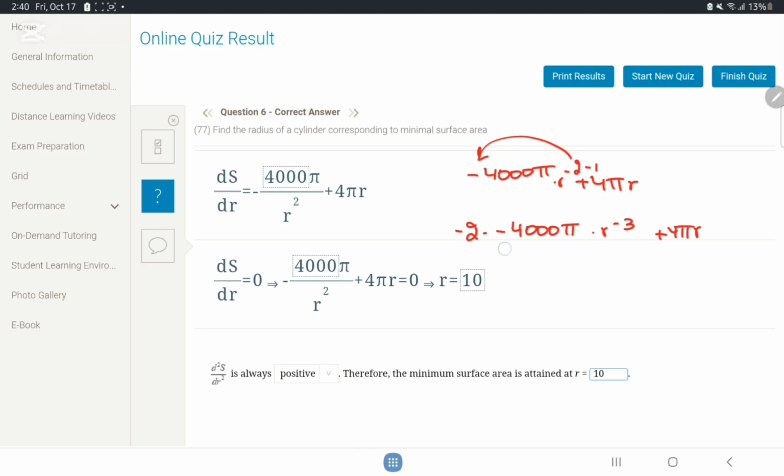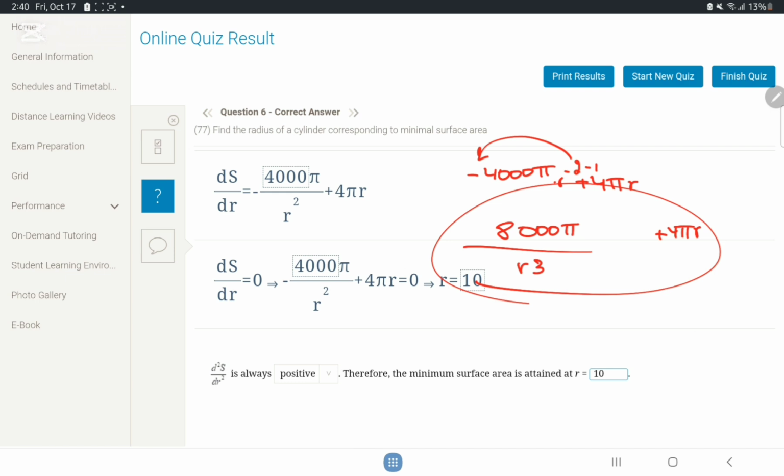So take it back down, so over r cubed plus 4 pi r, negative 2 times negative 4000 will be 8000 pi plus 4 pi r. This expression is a positive expression, so it will always be positive.